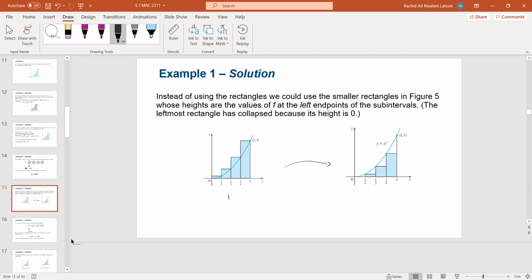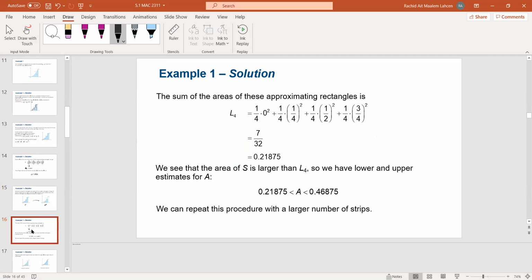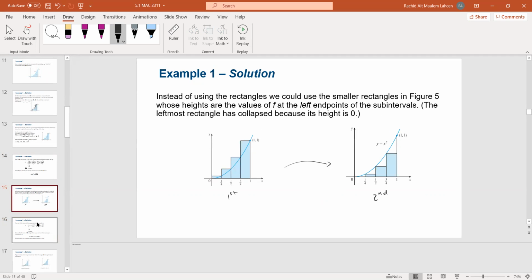So this is the first one, and this will be the second one. If we use the second one, as you see here, the first one collapsed, if we're trying to just get this, but not get it from the top. And you can see here, it's easier to see with these ones here.